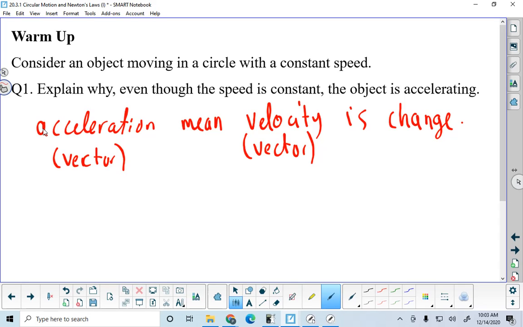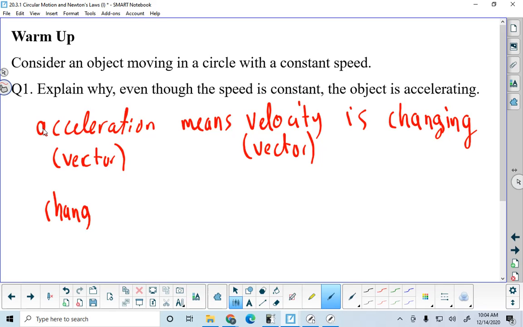There is a way to explain it mathematically the way you've described it, but I'm just going to go with a simpler approach, which is to say acceleration means velocity is changing. And since velocity is a vector, any change in velocity means there's acceleration. So what does changing velocity mean?